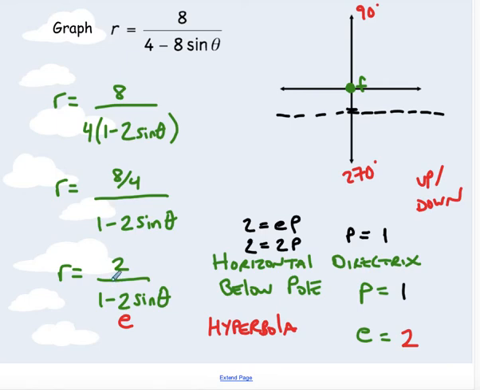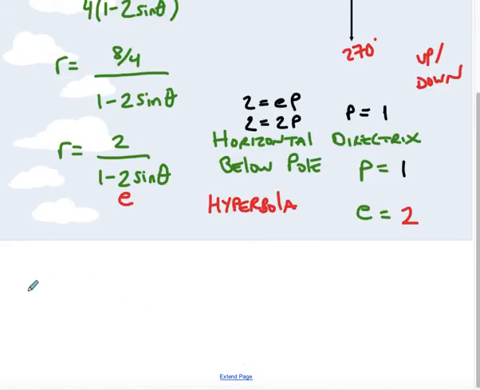You can plug it into this version here, or into the original version. That really doesn't matter. Maybe I'll plug it into the original version. So 8 over 4 minus 8 sine 90 degrees.